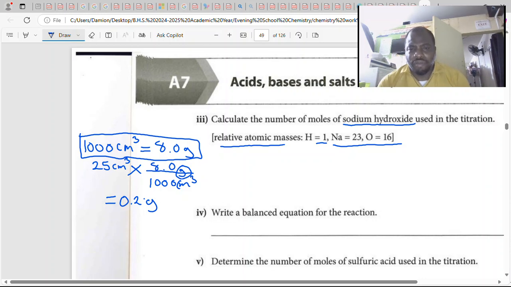Now, also, we want to talk about the relationship because it did say calculate the number of moles. And since there's a relationship here, we have mass, we need to get to moles. We know that 1 mole is equal to the formula mass.